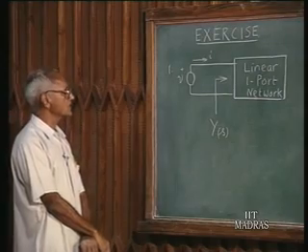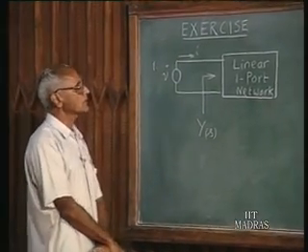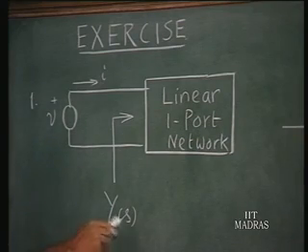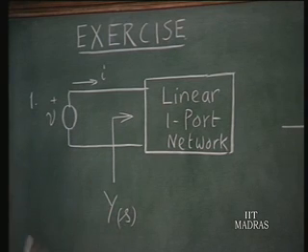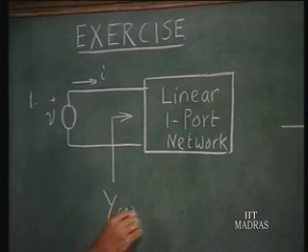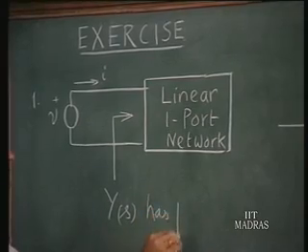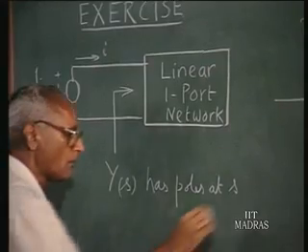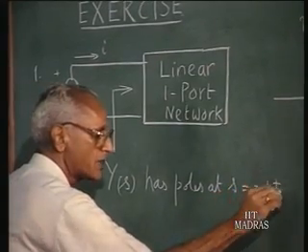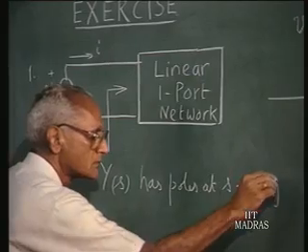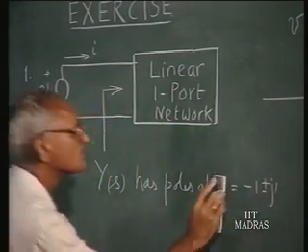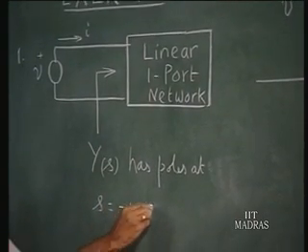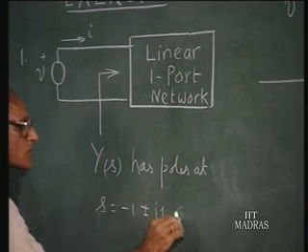The first problem in this exercise deals with a 1-port network. This is a linear 1-port network with an admittance function Y of s. The driving point admittance is Y of s, and it is given that Y of s has poles at s equals -1 plus or minus j1, and 2 zeros.